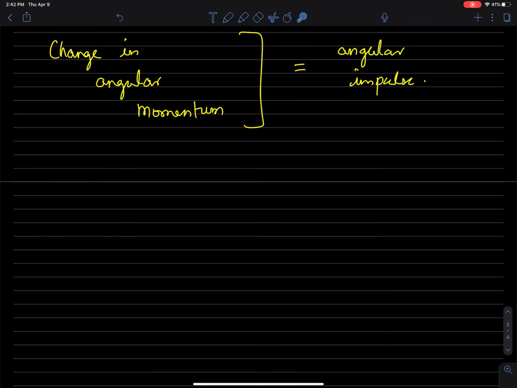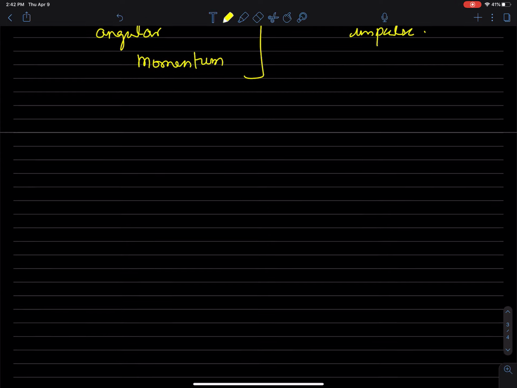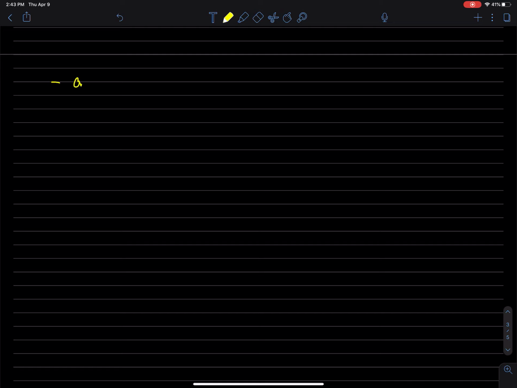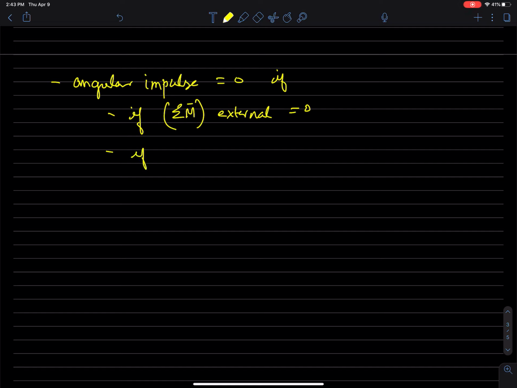A condition where the sum of moments equals 0, so this is the same as before, angular impulse equals 0 if we have a few situations of sum of all external moments equals 0.